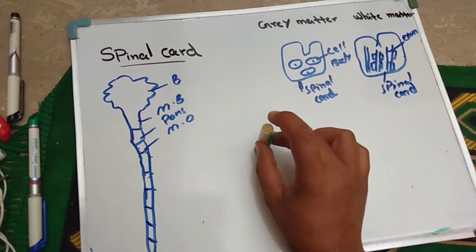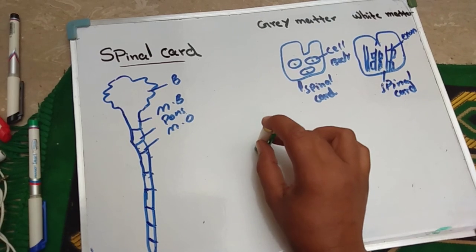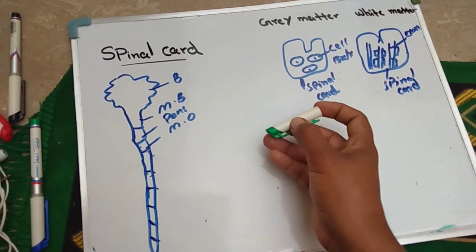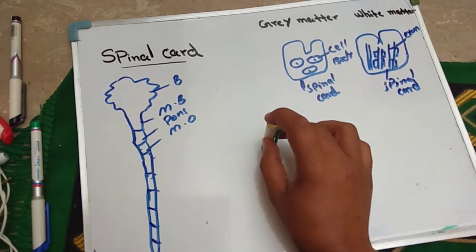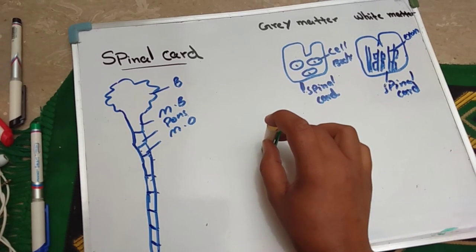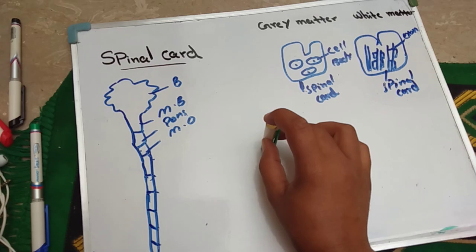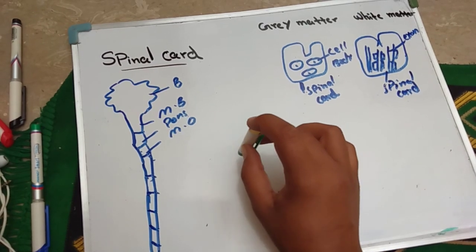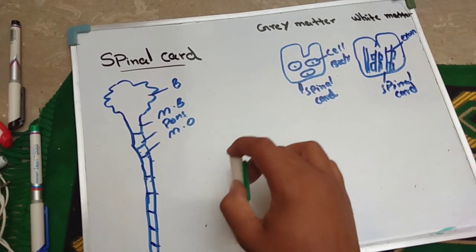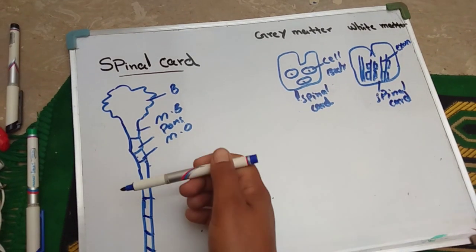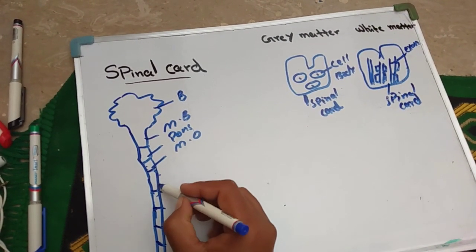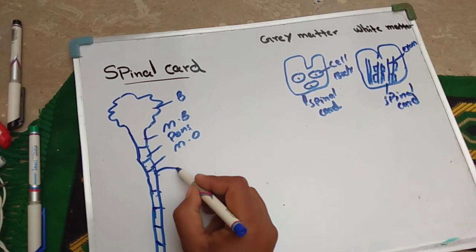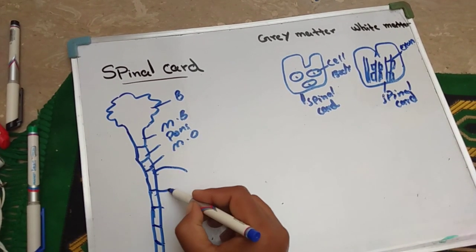From the ventral side the ventral root originates, and from the dorsal side the dorsal root originates. So from each vertebra, two nerves originate, one from the dorsal side and one from the ventral side.